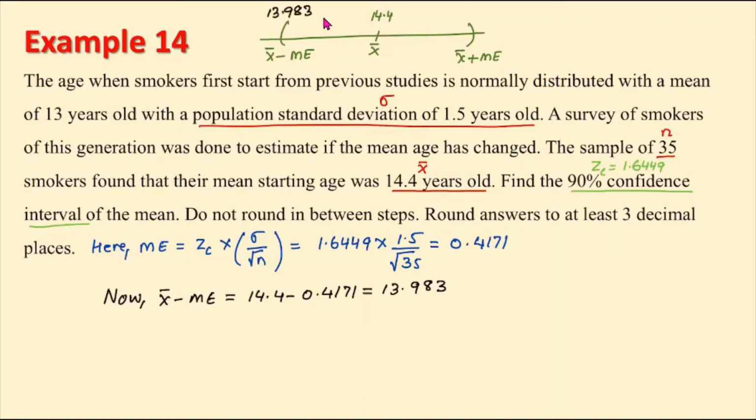That is the left or lower boundary. We use 3 decimal places because the question is asking us to write up to 3 decimal places.